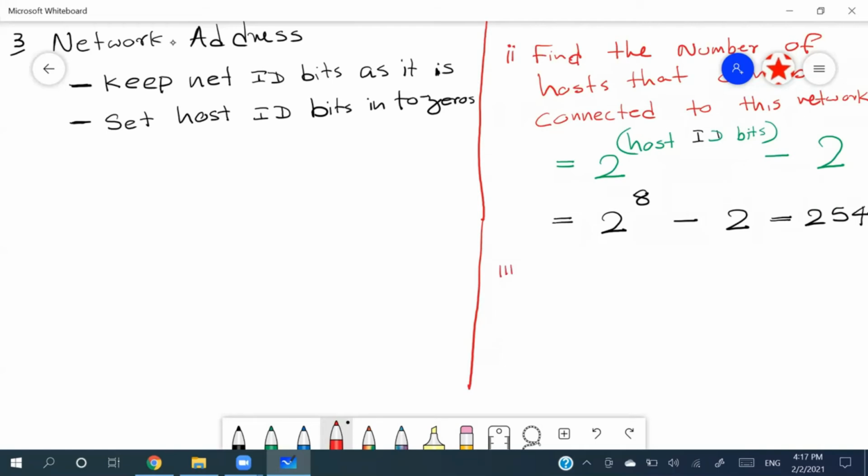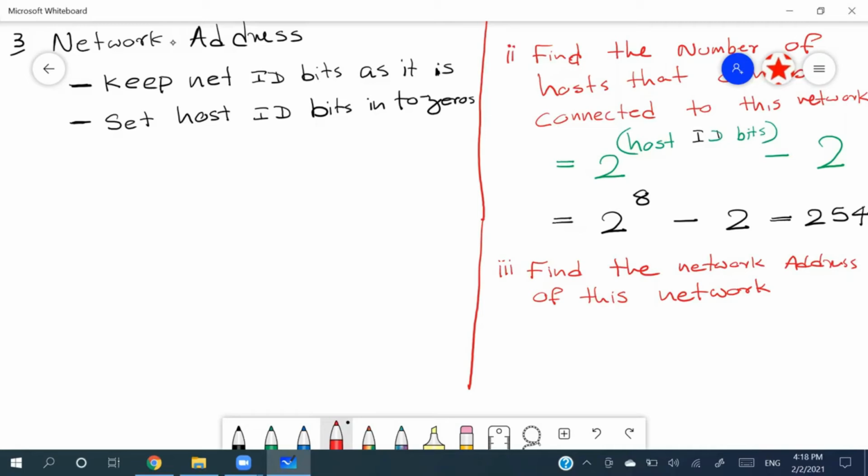So my third question, third part, is asking, find the network address of this network. Right? So when they ask us to do this, the first thing we have to recognize is what represents the network and what represents the host.